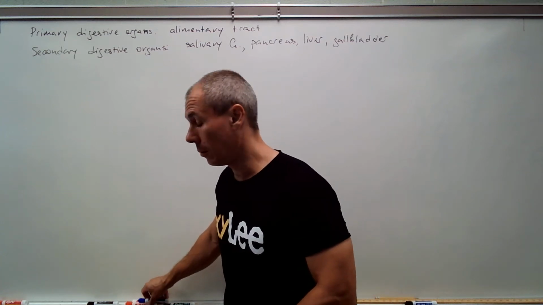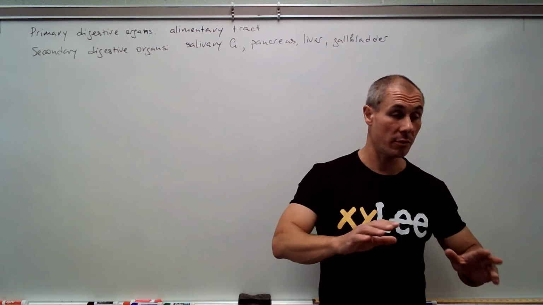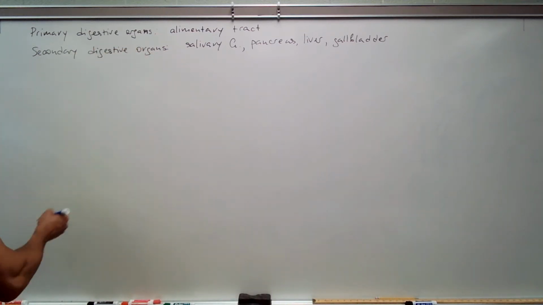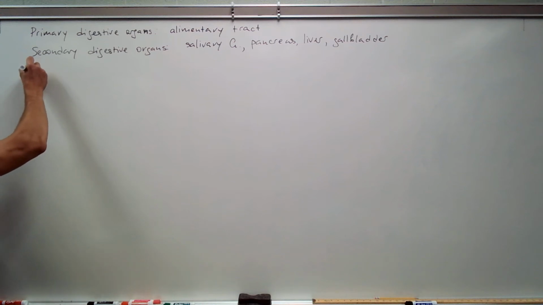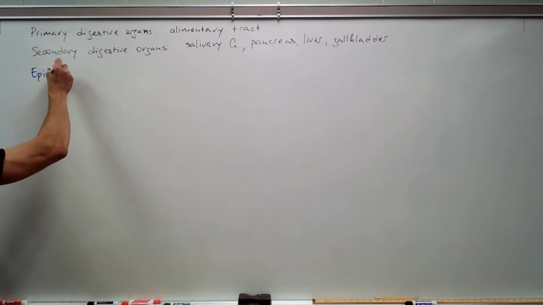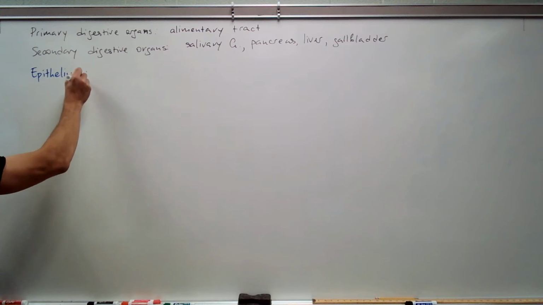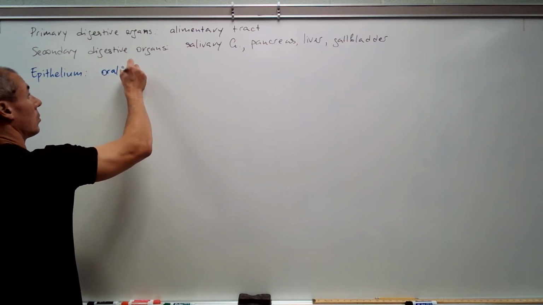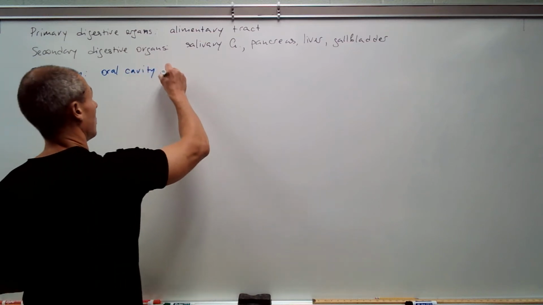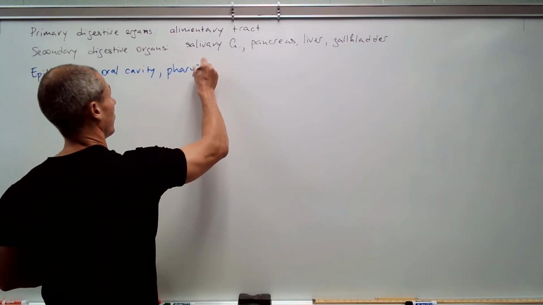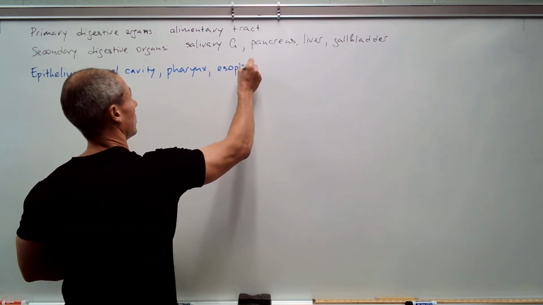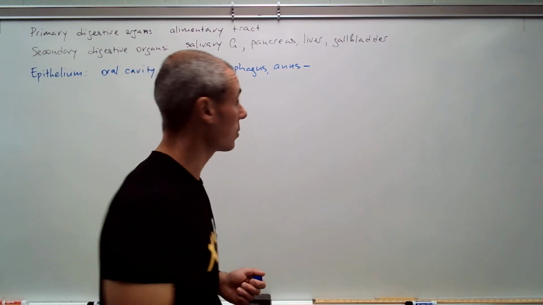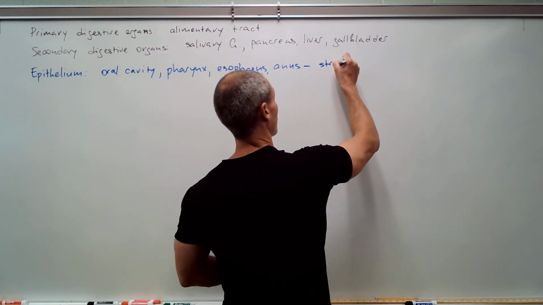Now, another piece of general anatomy, okay? So epithelium. You go oral cavity, pharynx, esophagus, and anus: stratified squamous, because this is where the rubbing happens.